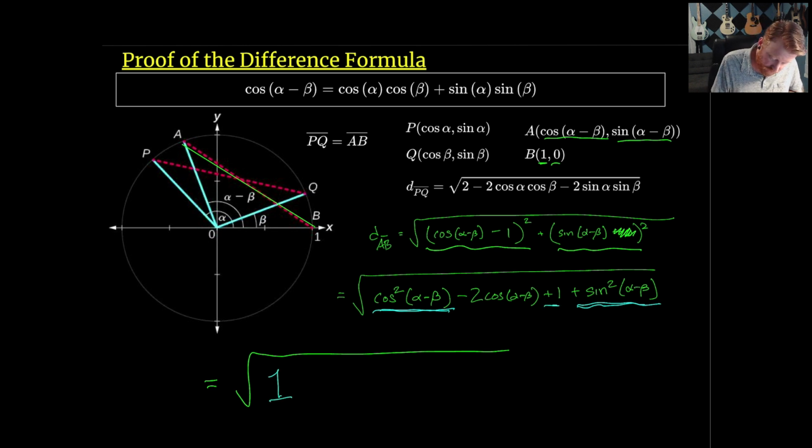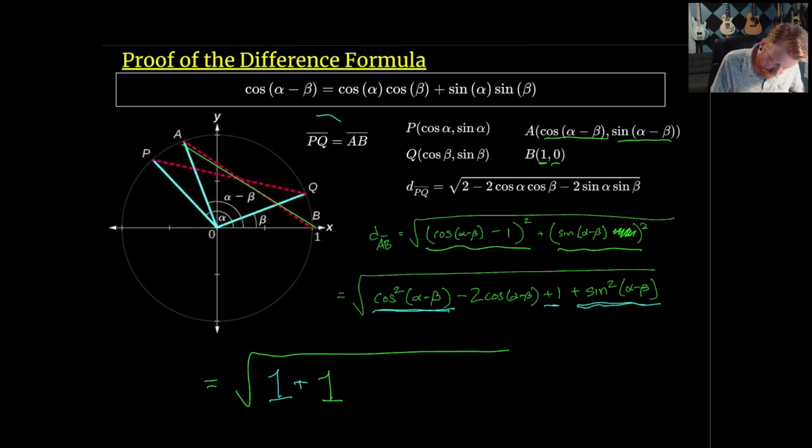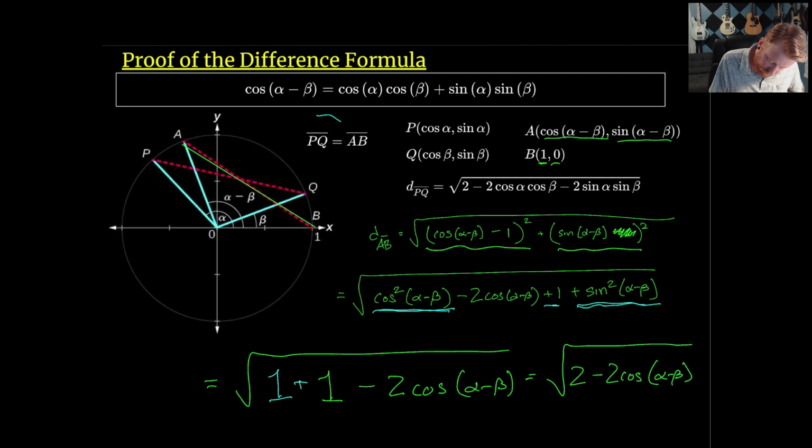I have another one here, plus another one, and then I've got minus 2 cosine alpha minus beta. So if I want to clean that up, we'll get the square root of 2 minus 2 cosine alpha minus beta. Okay, so that is how this second part simplifies.